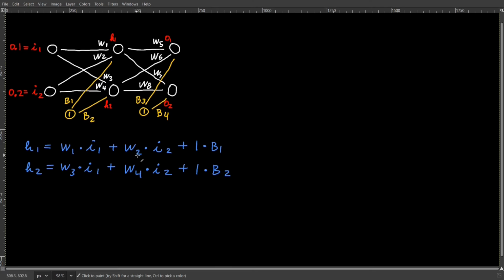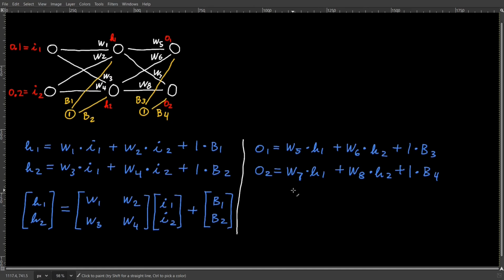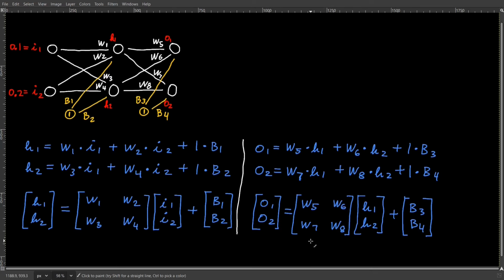You add everything up, and you can formulate it in a matrix-vector form in this way. And then once you have the values for H1 and H2, I can use them to calculate O1 and O2 by using the weights and biases here. I can reformulate it in this way, and so you can clearly see that the outputs depend on the weights and the biases.